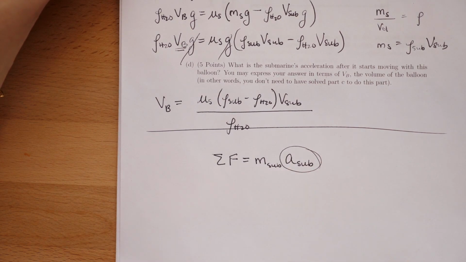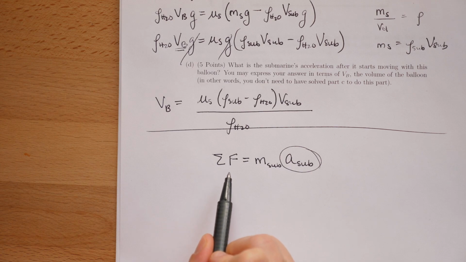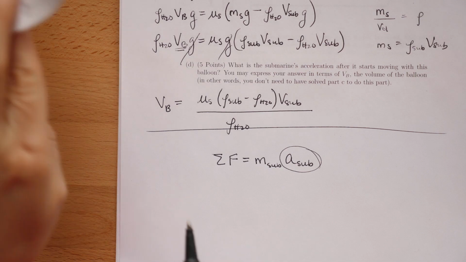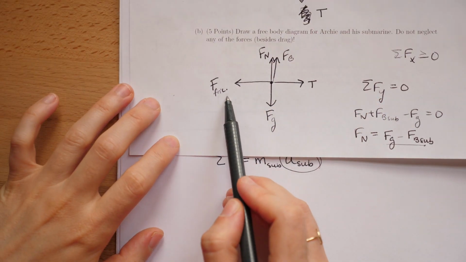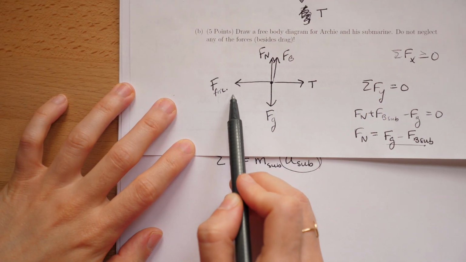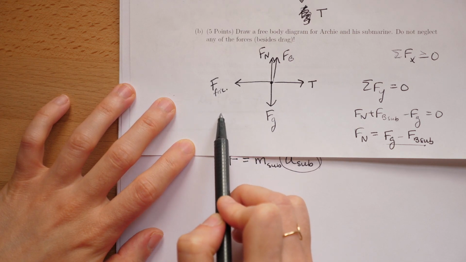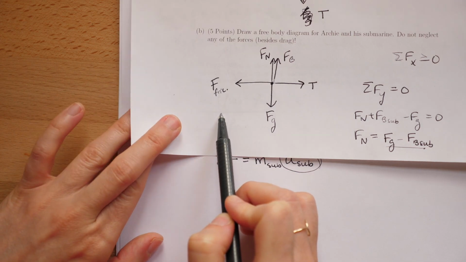And this is what we're trying to find. Now, the only thing that's going to change in the forces here is that instead of static friction, we're going to have kinetic friction. And that's the major change.